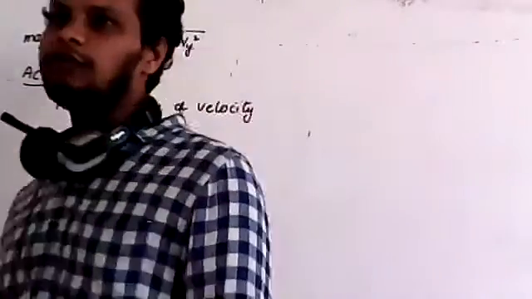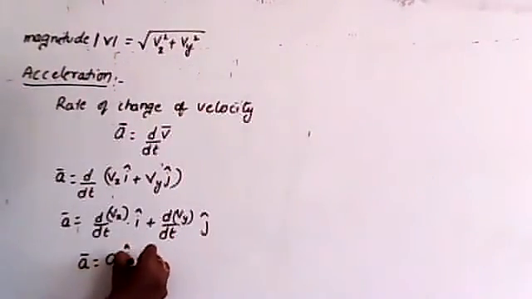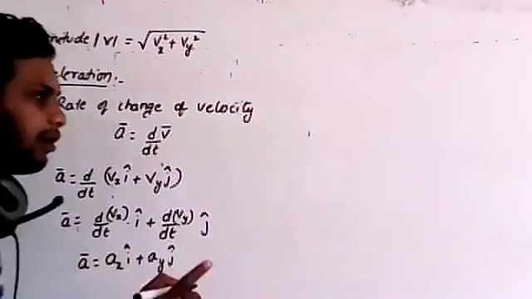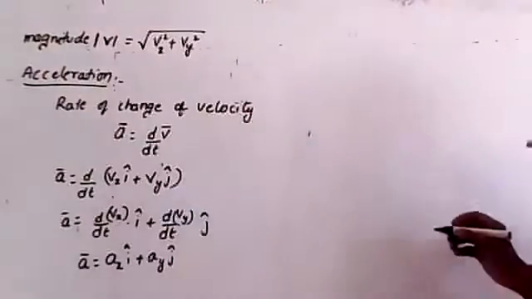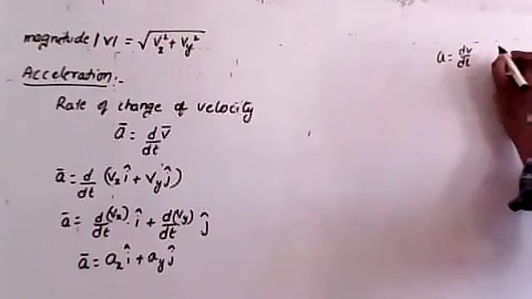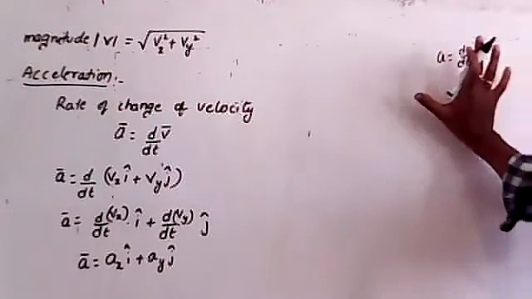Therefore, I will take it as ax into i cap plus ay into j cap. Blindly remember, acceleration A can be taken as dv by dt. You are sure, right?